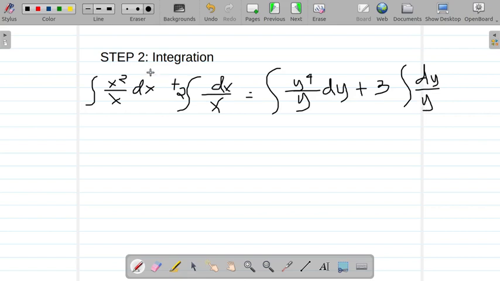So, to simplify this equation, diba, x squared over x, pwede na lang siya mahimong x dx plus 2 dx over x.